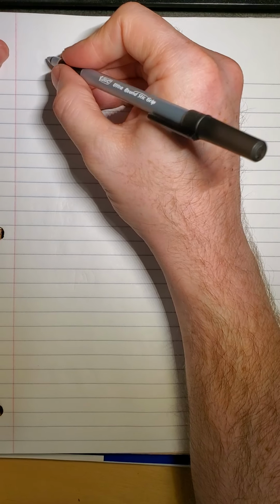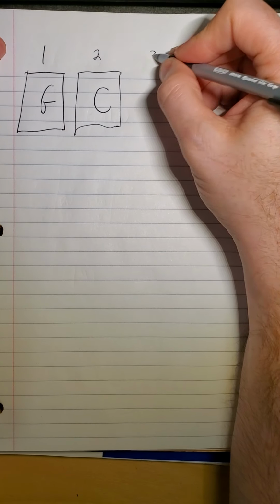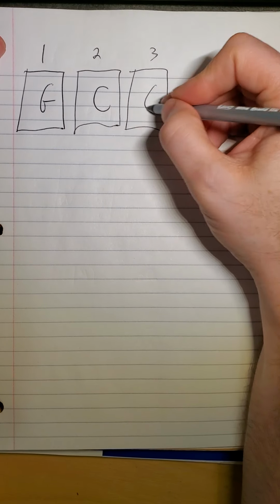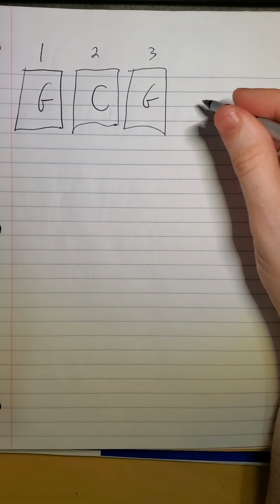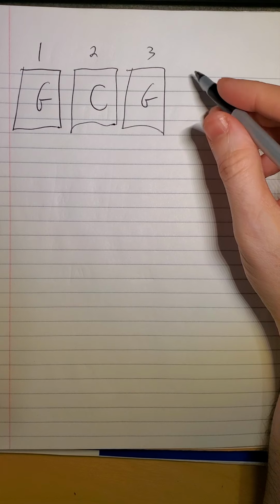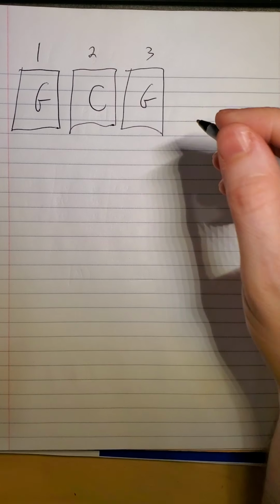So for the sake of our experiment, we'll assume that door number 1 has a goat, door number 2 has the car, and door number 3 has the other goat. So Monty Hall knows this, and that's part of the conditional probability. The host knows the solutions.